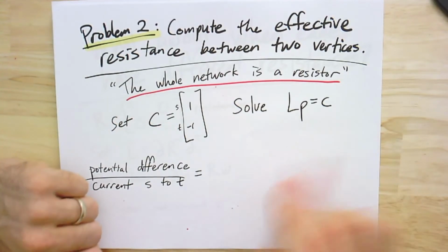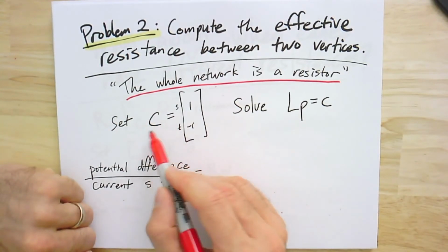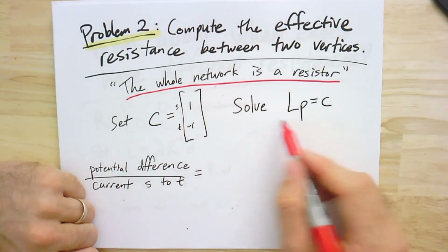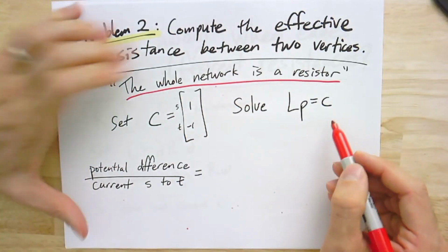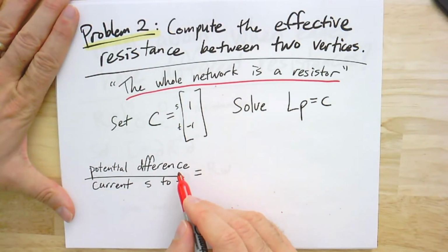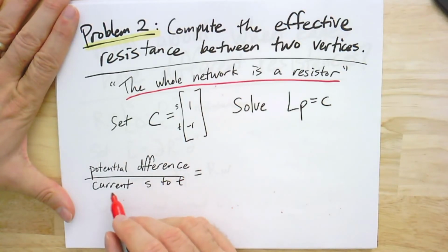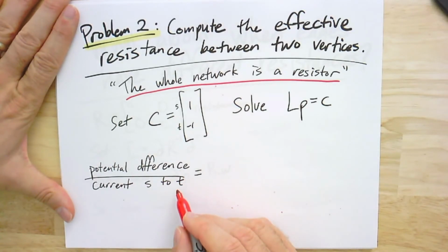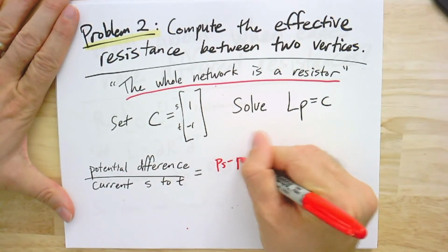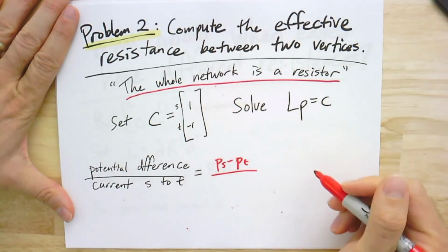The way to do this is to first take a unit of current in at S and out at T, solve for the potential, and now from Ohm's law again, the potential difference divided by the current. Well, we know what this is. This is the difference in potential, and then we know how much current is flowing.